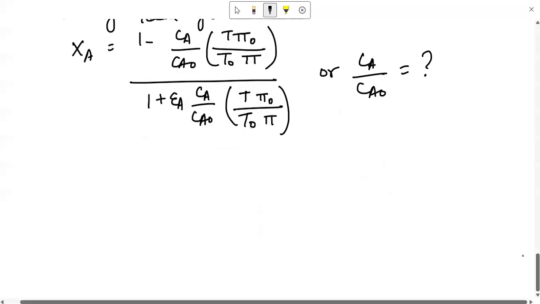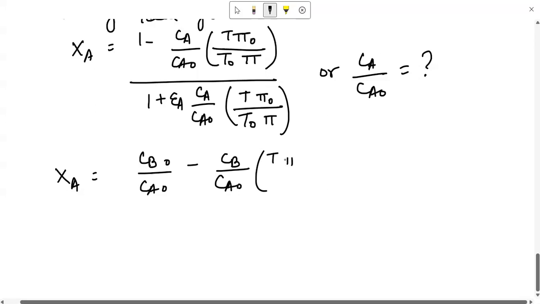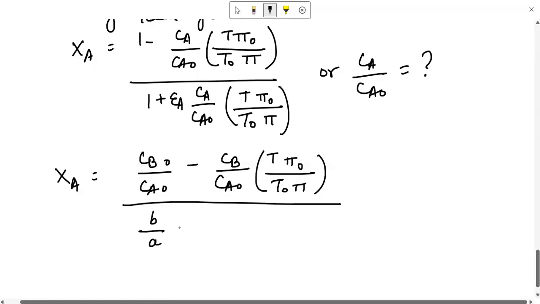Now in terms of Cb, how will you relate? So Xa equals Cb naught by Ca naught minus Cb by Ca naught multiplied by T pi naught by T0 pi, divided by b by a plus epsilon A Cb by Ca naught multiplied by T pi naught by T0 pi.